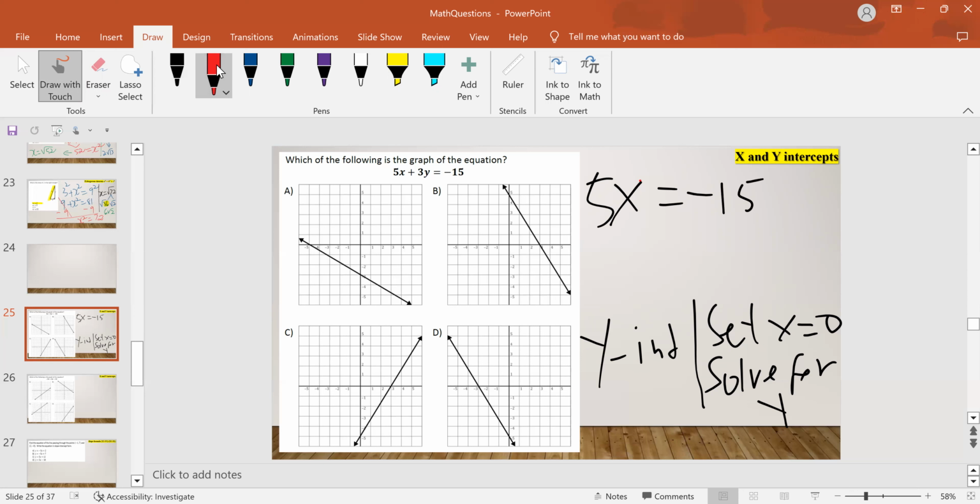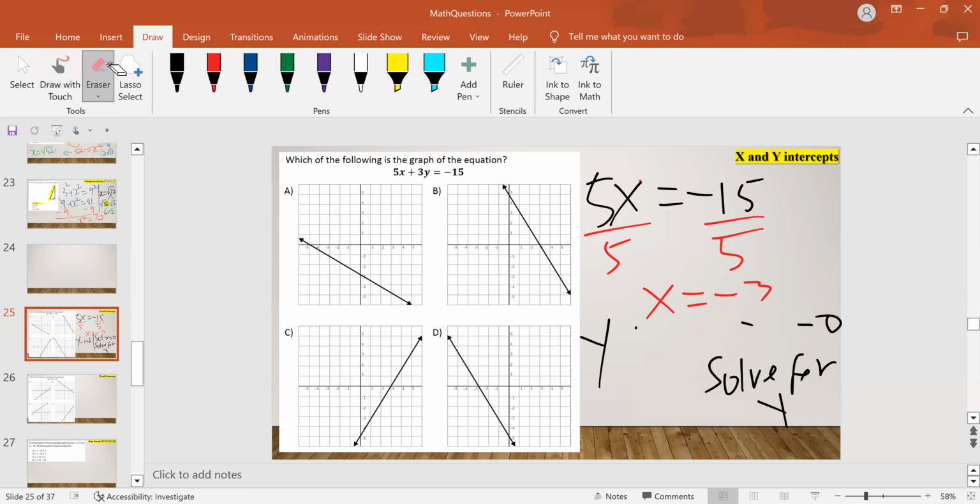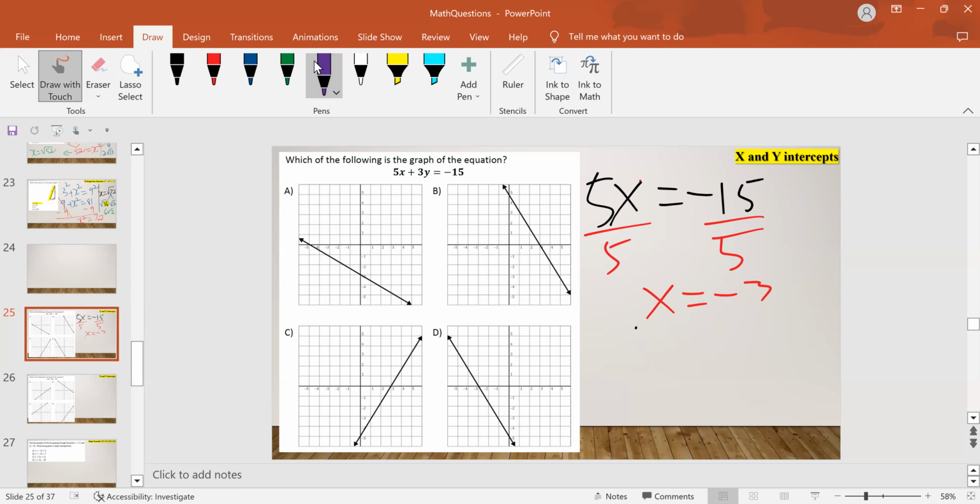And therefore, I can divide both sides by 5, and I get x equals negative 3. And note that negative 3 is the same as the point negative 3, comma 0. So my x-intercept, if I want to write it as a point, the x coordinate is negative 3 and the y coordinate is 0.